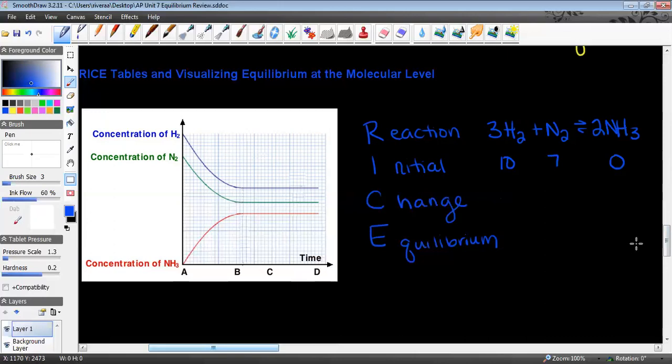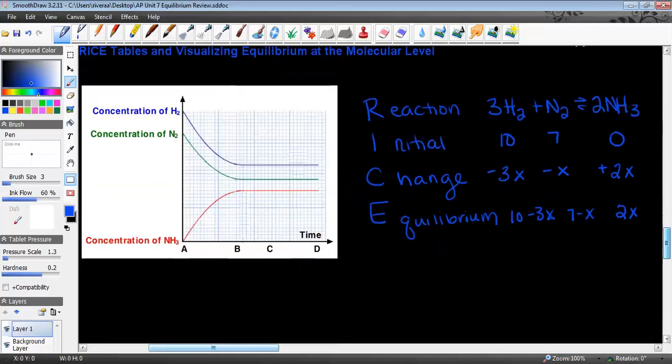If you do not know them, you use variables. So this would be a minus 3X. This would be a minus X, because this is a 3-to-1 mole ratio. And this would be a plus 2X. So this would be 10 minus 3X, this would be 7 minus X, and this would be 2X.